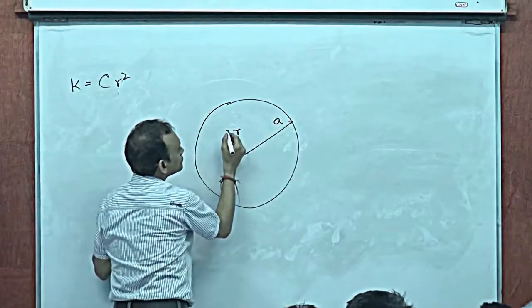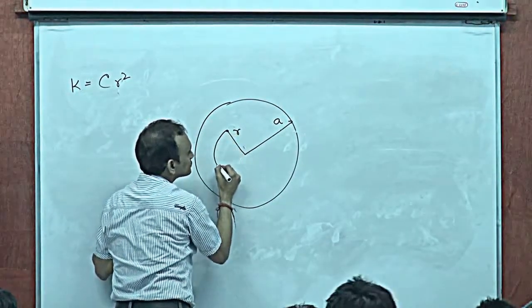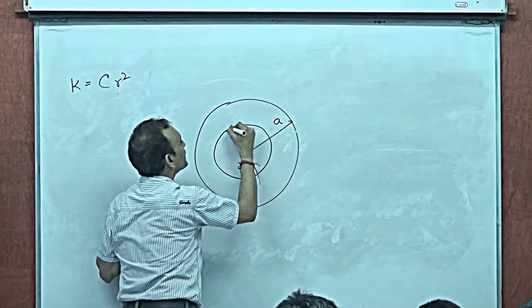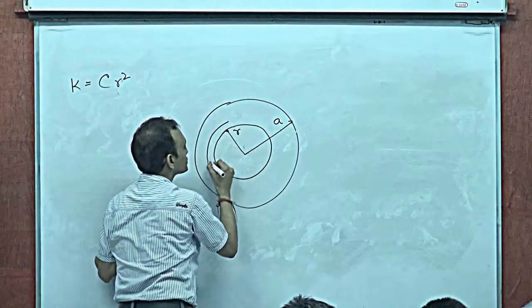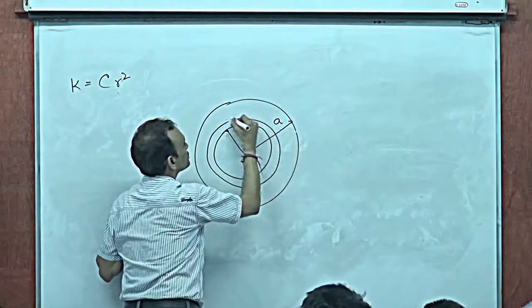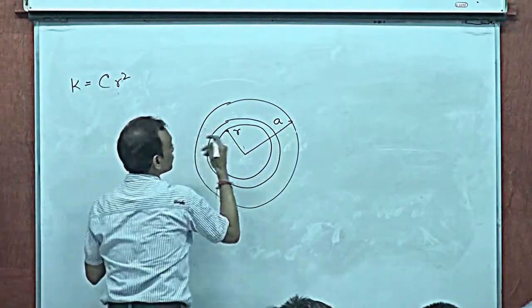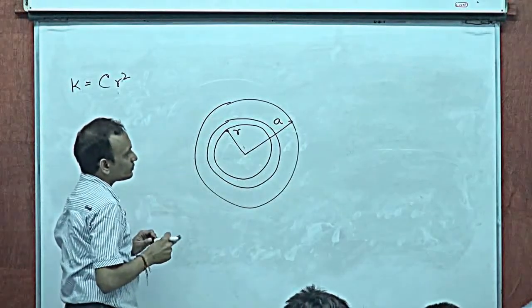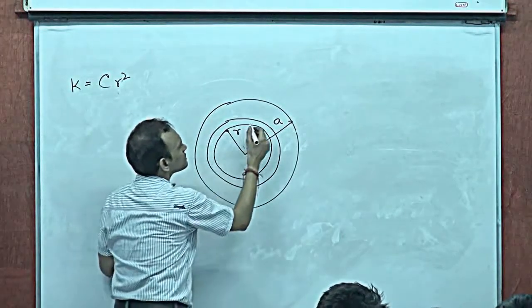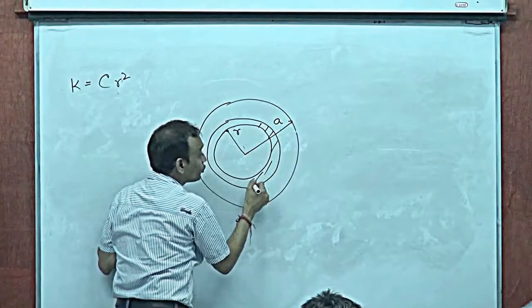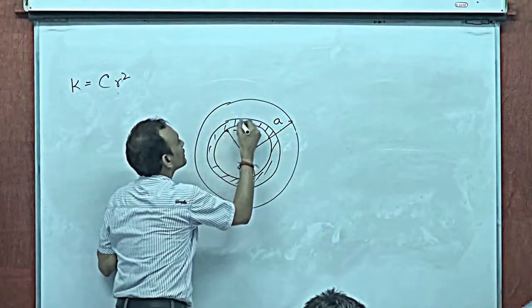Now, I want to find the temperature gradient in this, if H is the heat current associated. So, do you realize that heat is now not flowing over 2 pi RL?